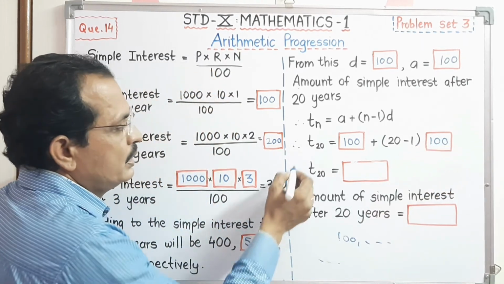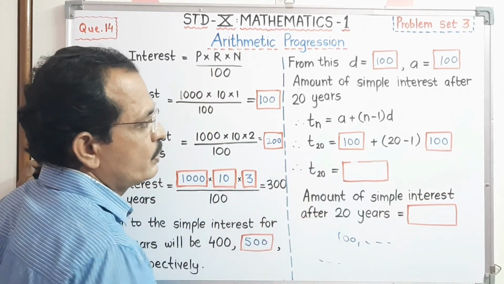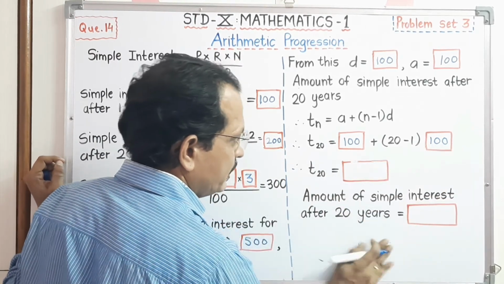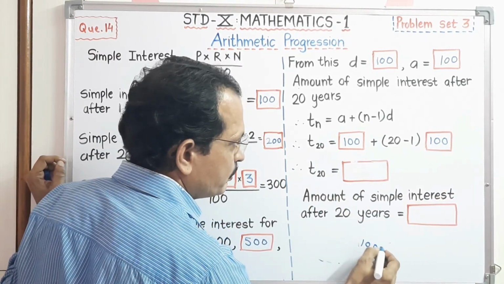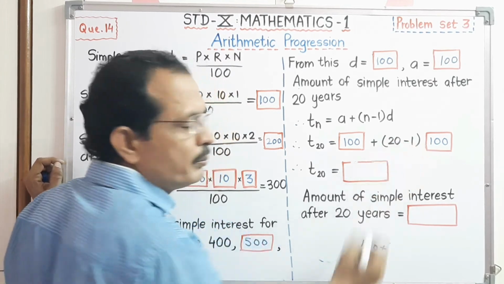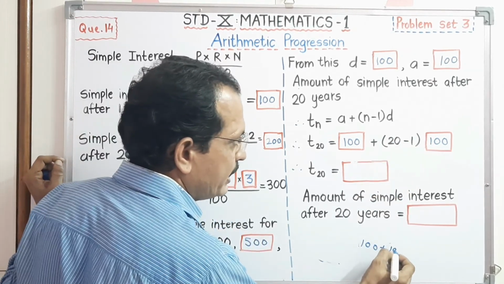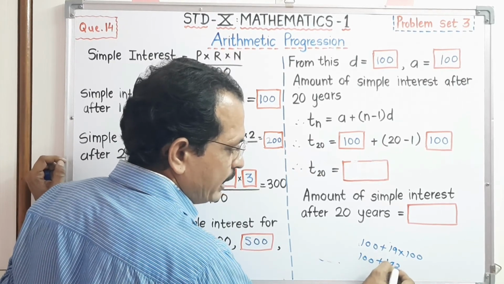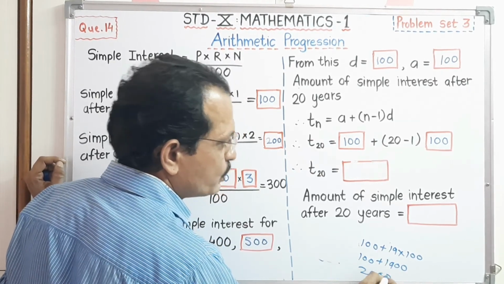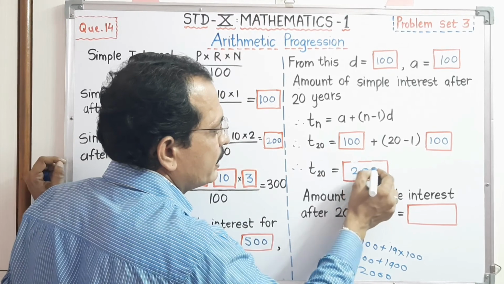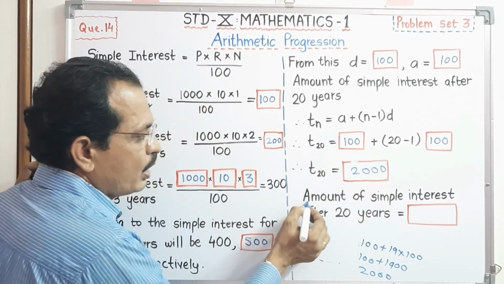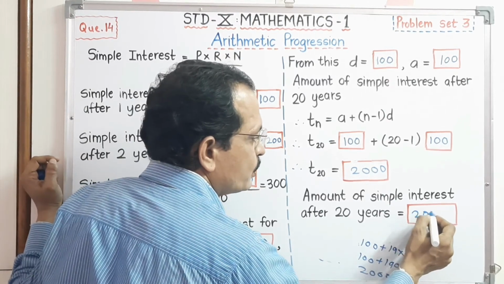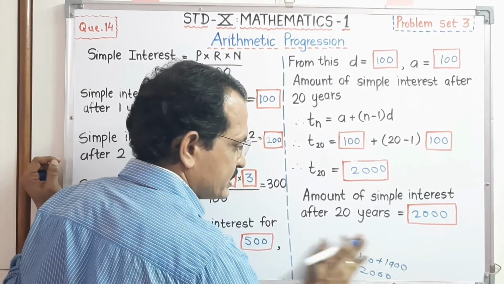Therefore T20 is 100 plus 19 into 100. Therefore 100 plus 1900, it is 2000. Therefore amount of simple interest after 20 years is 2000 rupees.